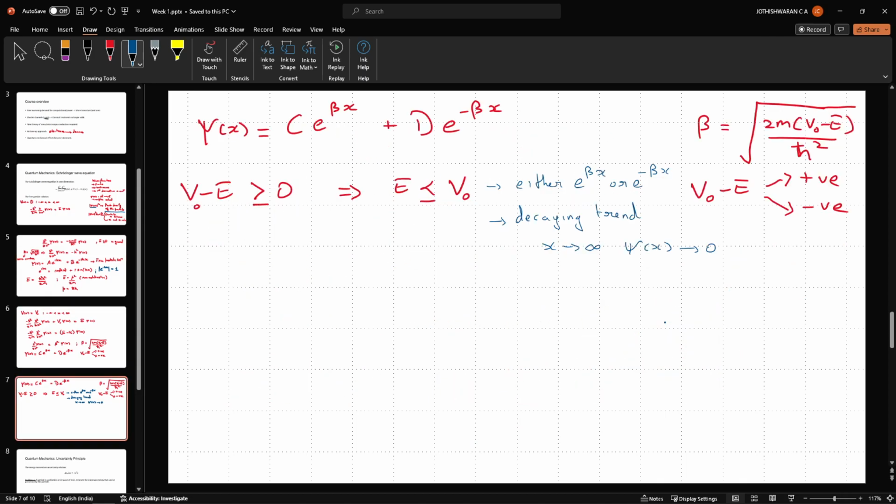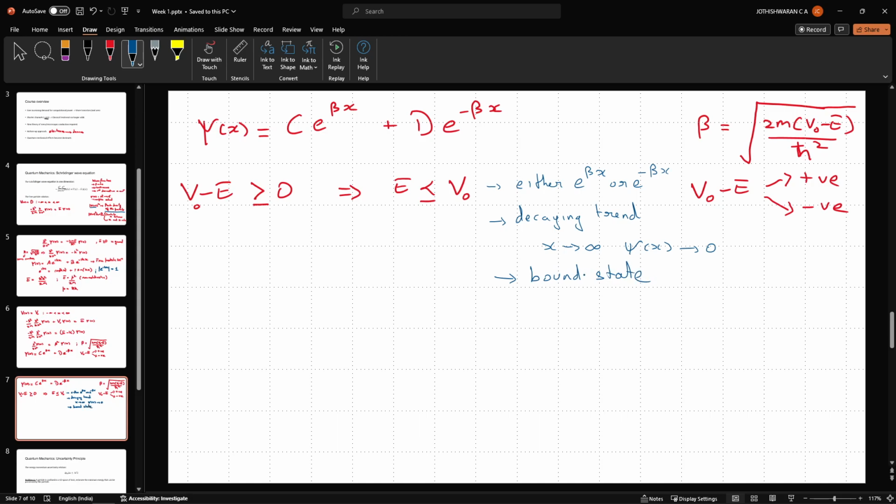Whereas here what happens is, after a certain limit, the value of ψ(x) will tend to 0. So this means our particle has a high probability of being found in a finite region in space. So this is what is considered as a bound state.